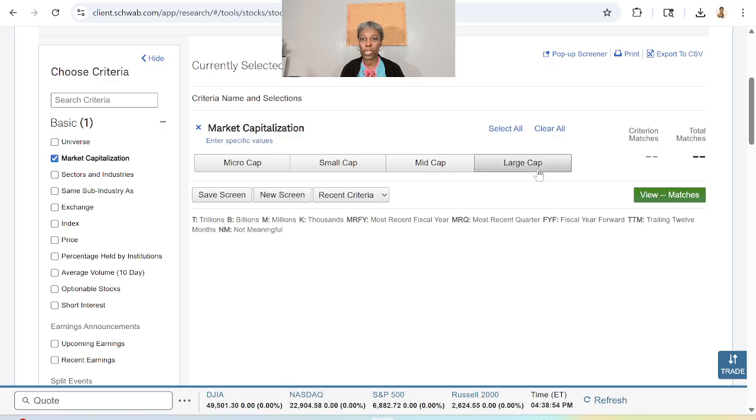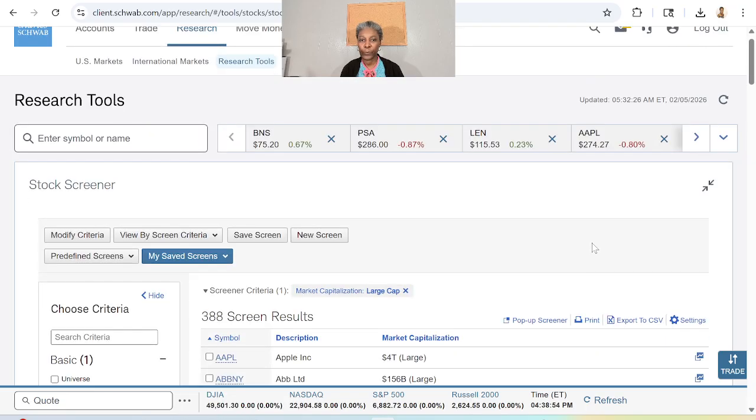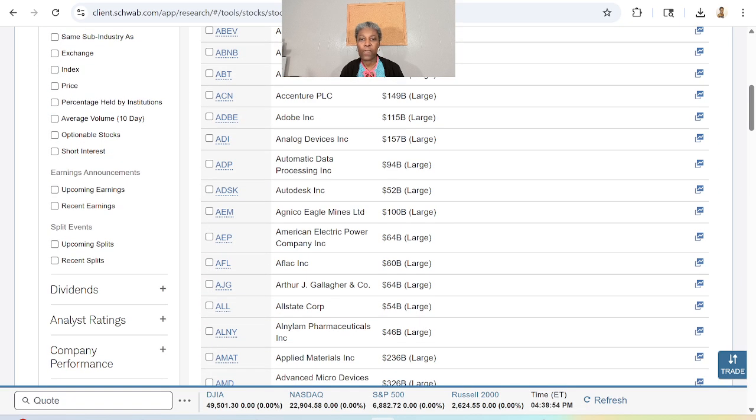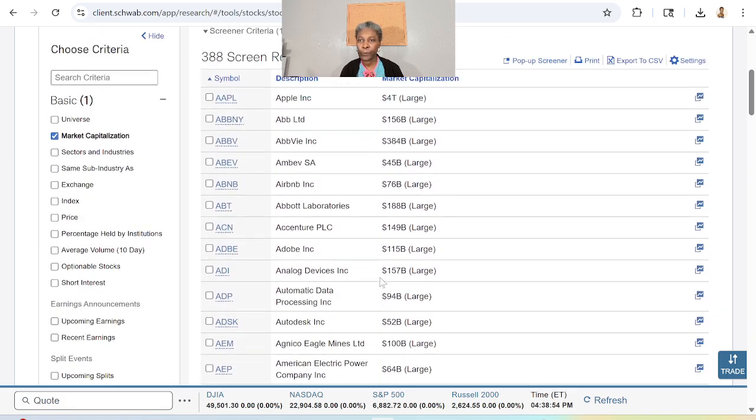It will give me the options, and when I want large cap stocks I can click on that, and if I click on that only, it's going to show me different stocks here, and then I can go to it to see the stock I'm interested in and whether it's considered a large cap stock.